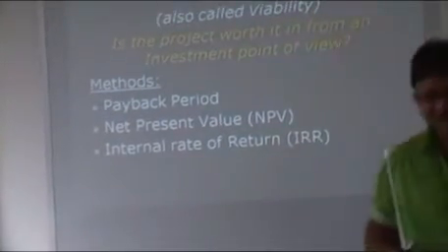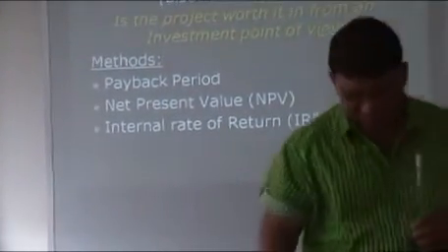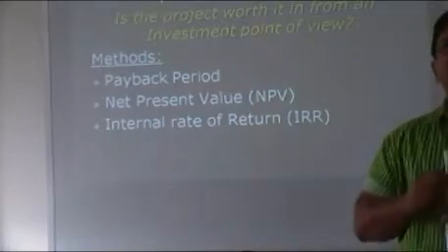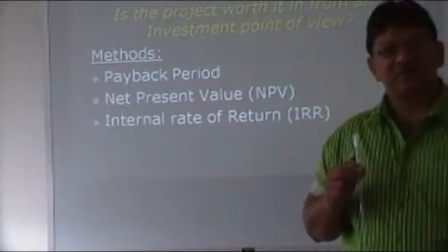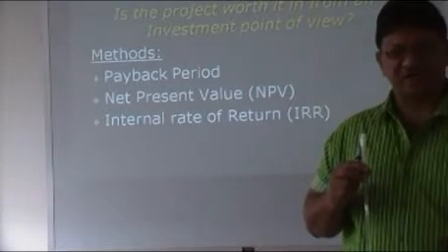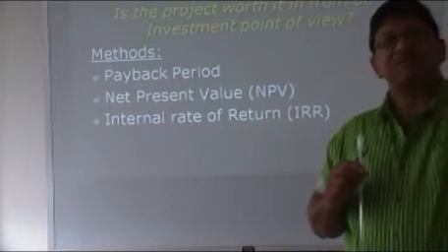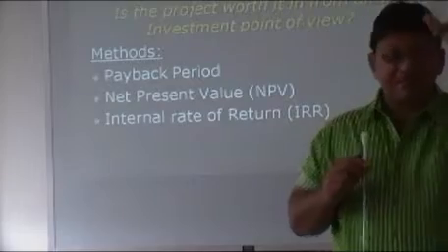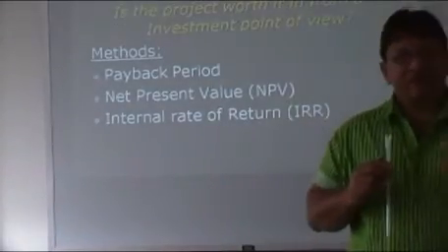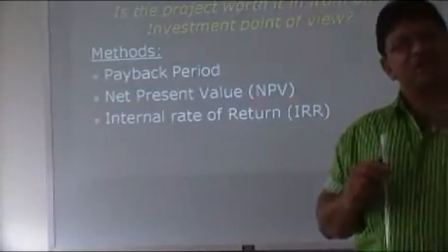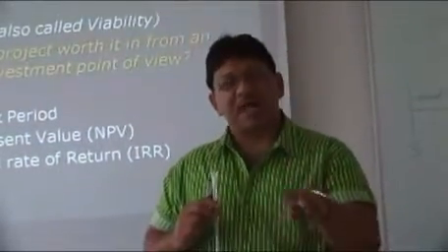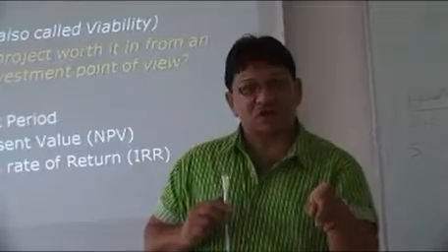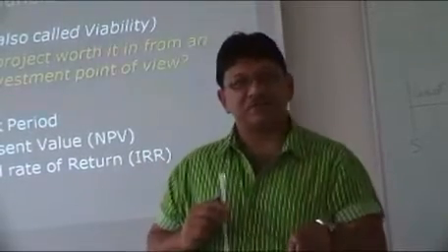The next one is called the net present value, and the net present value is the following. The net present value looks at the future cash flows of an investment, discounted back at the discount rate to the present, and it takes the difference between the investment cost and the future cash flows discounted to the present.